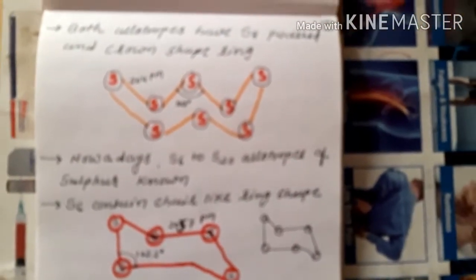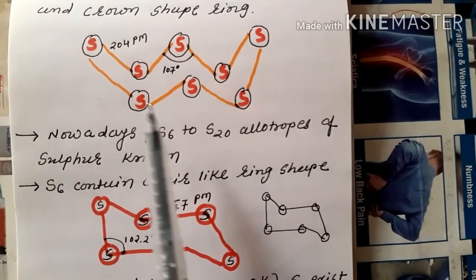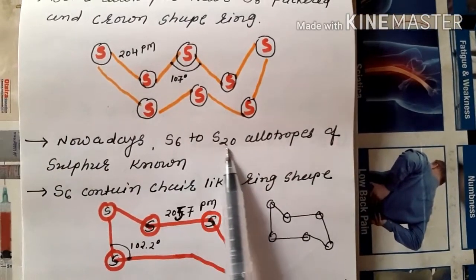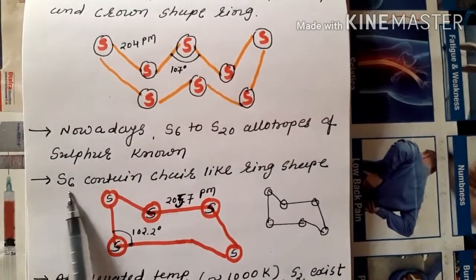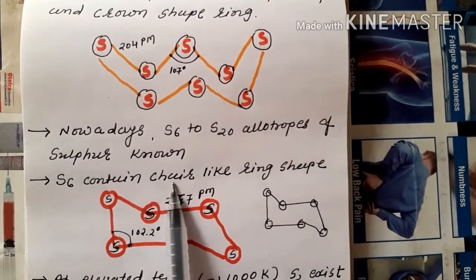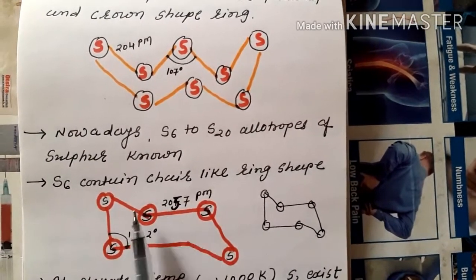And nowadays by research we know different allotropes of sulfur. S6 to S20 allotropes are known. Among them S6 is well known. Its structure is chair-like structure, ring shape. See, S6 is like a chair.